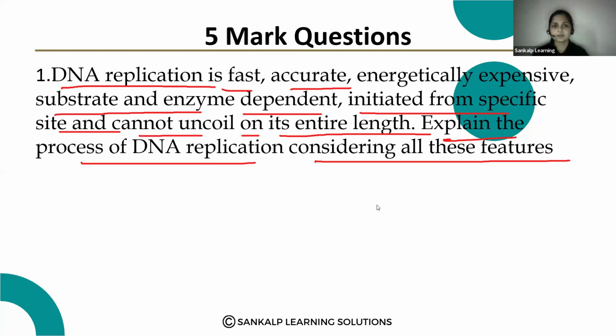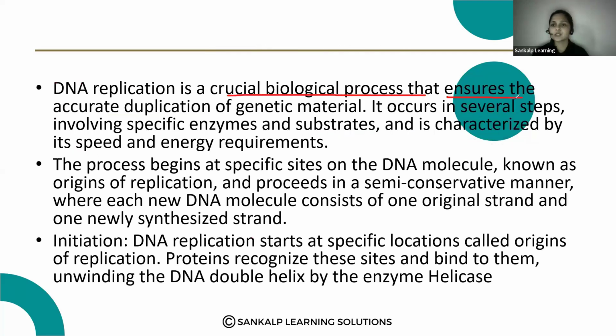So first step, DNA replication is a crucial biological process that ensures the accurate duplication of the genetic material. It occurs in several steps. It involves enzymes and substrates. The process begins at a specific site of the DNA molecule known as the origin of replication.